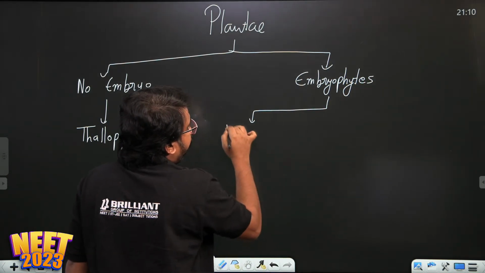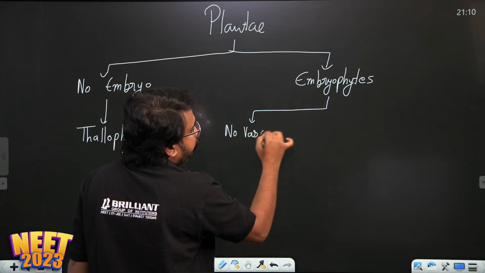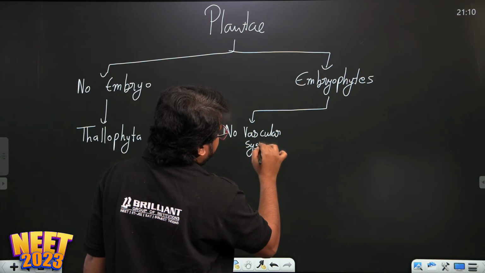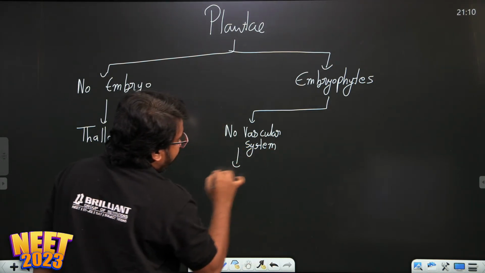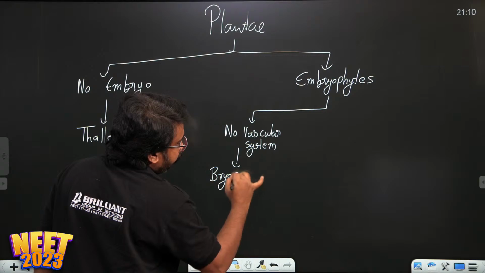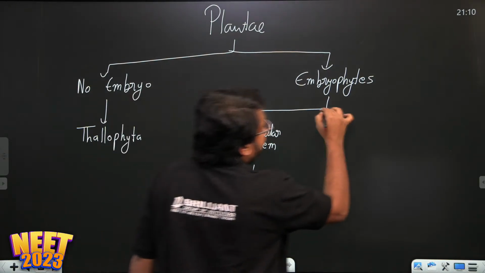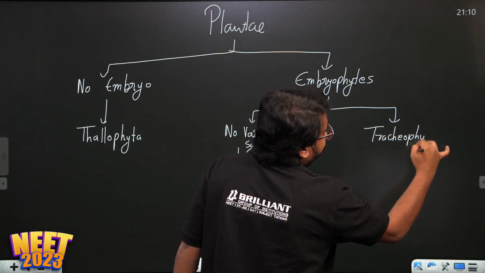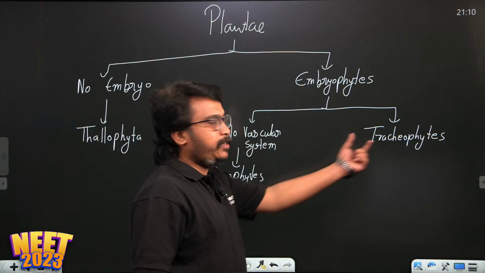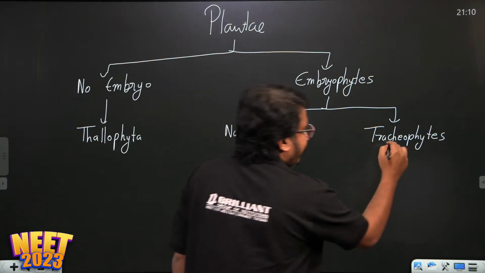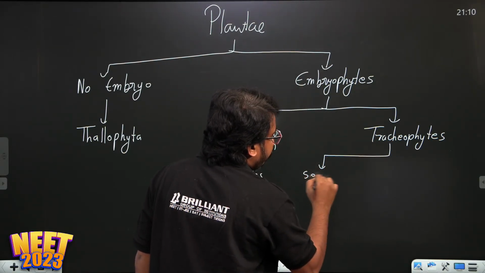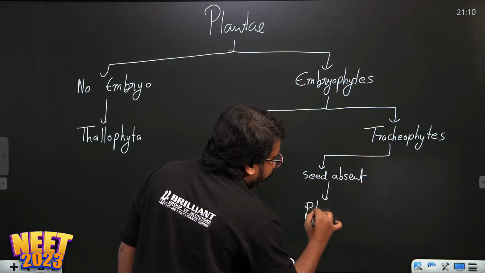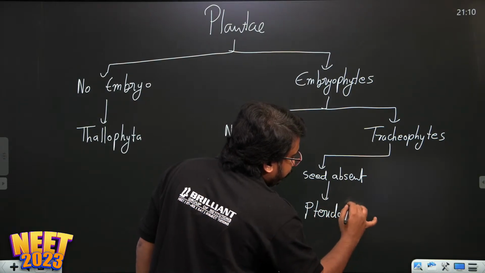These embryophytes, if they are not having vascular system, then they can be placed under Bryophytes, and if they are having vascular system, we call it as Tracheophytes. So vascular system is present, we call it as Tracheophytes, and if vascular system is present, but the seed is absent, then they can be placed under Pteridophytes.